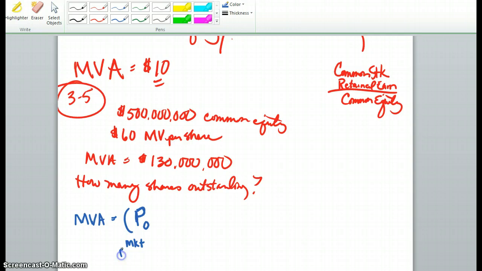So the market price per share is P sub O. So the market value added is the price per share times the number of common shares, minus the book value of the equity.